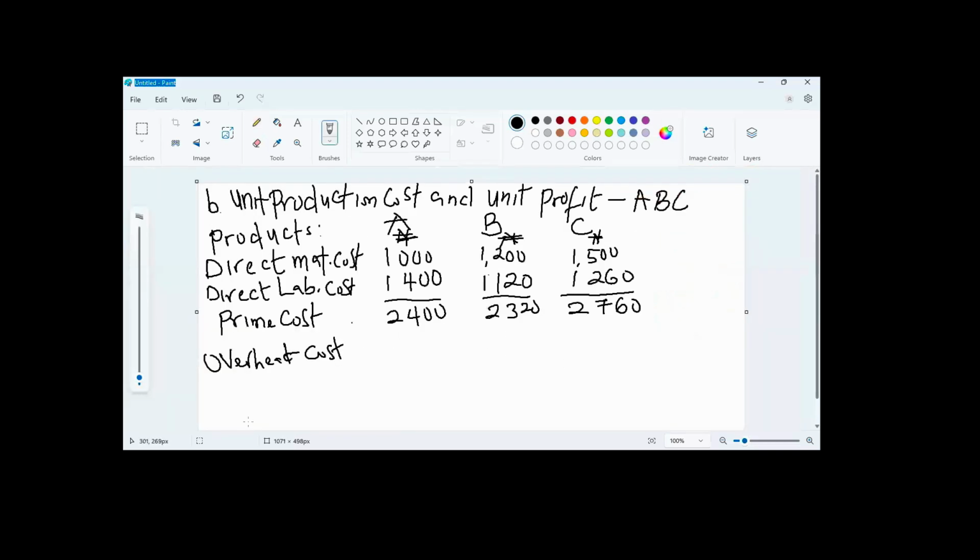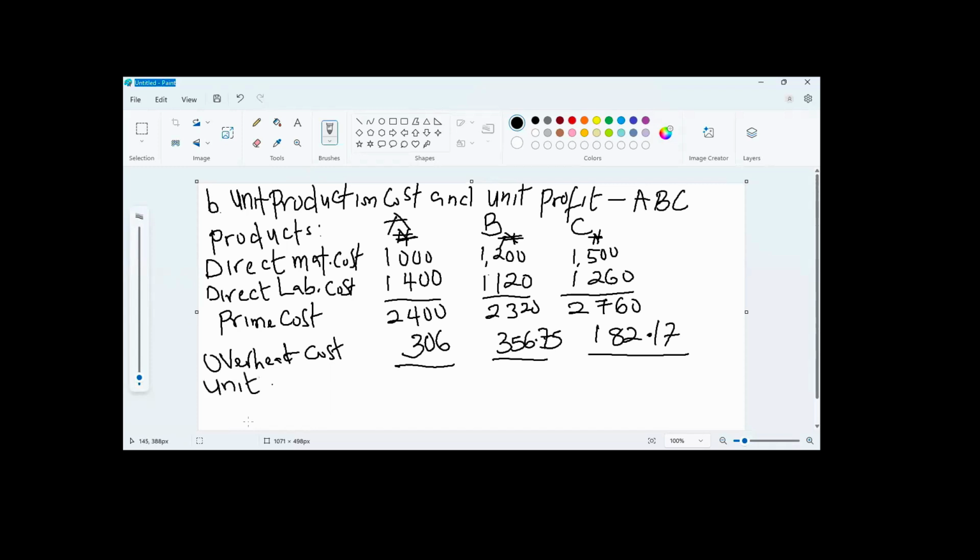This is what we are trying to do: 306, 356.75, and 182.17. We can now get our unit production costs based on activity.